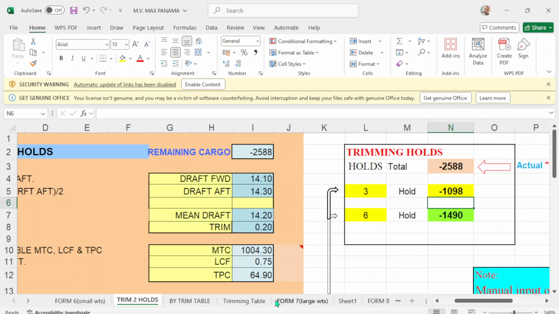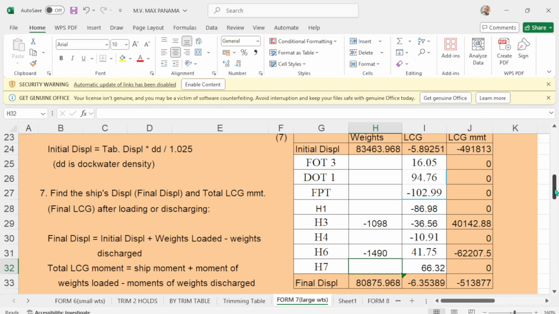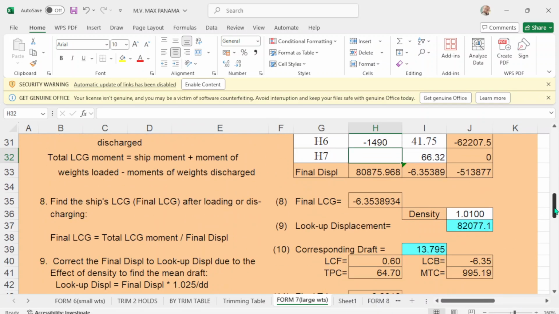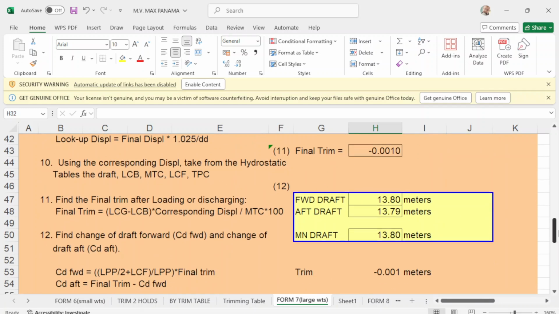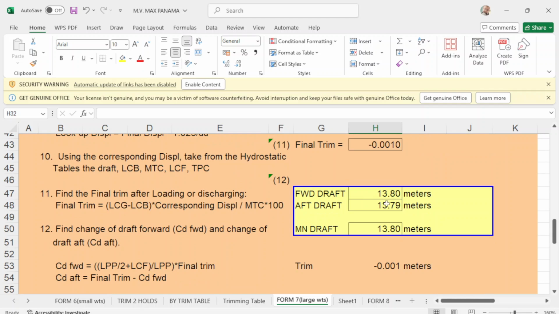Okay. Upon applying this one, the density here is 1.010, and your final mean will be 13.79895, which is almost 13.80, and your final drop forward will be 13.80, and up drop is 13.79, which is almost 80. Mid drop is 13.80, and your trim is 0.